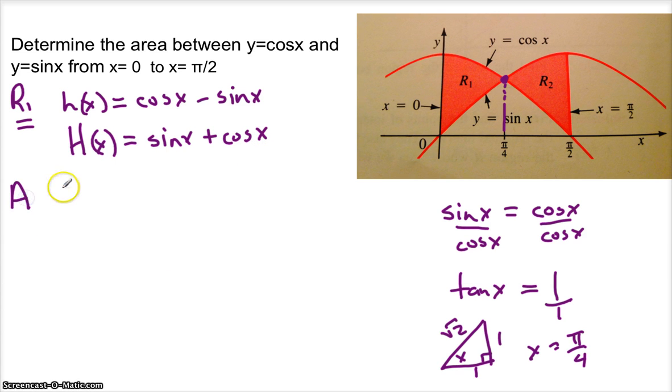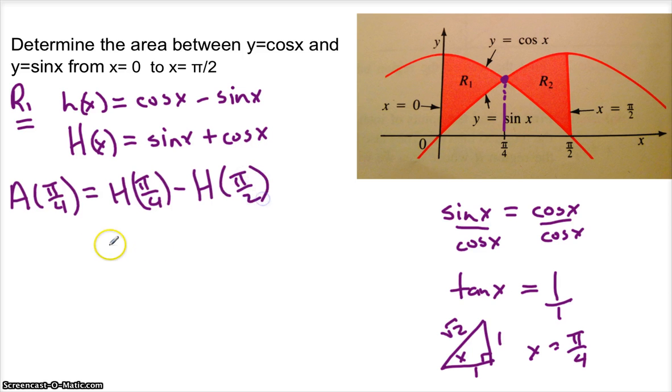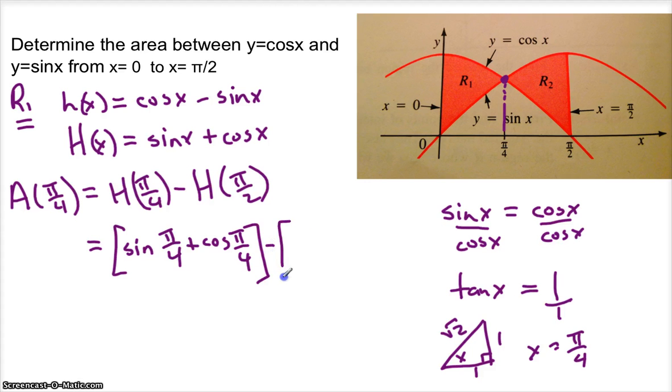So now, the area of region 1, we'll call it this, would be h at pi over 4 minus h at 0. We'll substitute sine pi over 4 plus cos pi over 4. So that's the first part here, h at pi over 4.